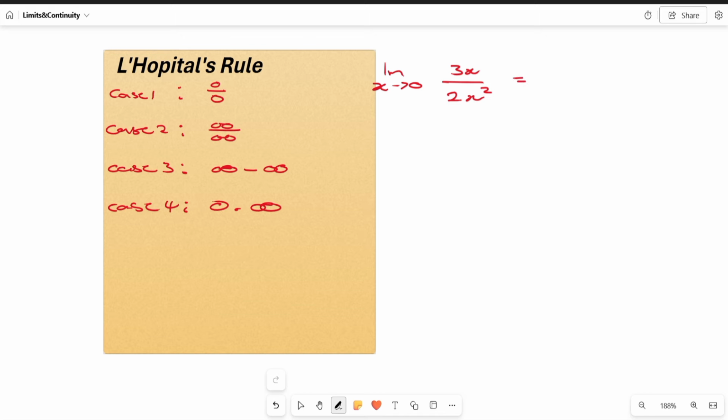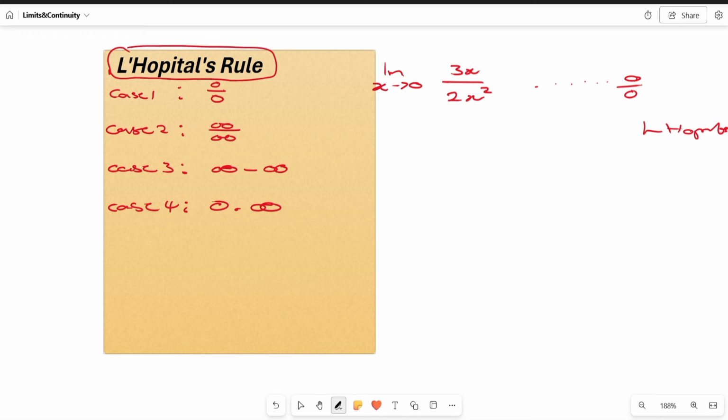Watch closely. If you substitute, it gives you the form of 0 over 0. So what you need to do is apply L'Hopital's rule, and then you derive. I didn't even explain what this means.